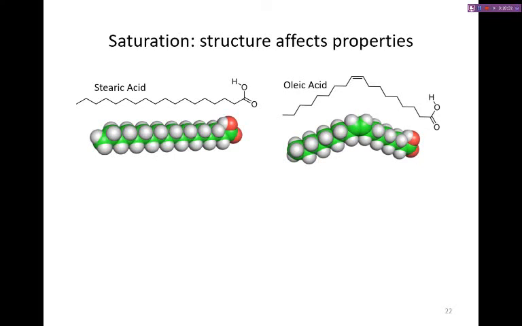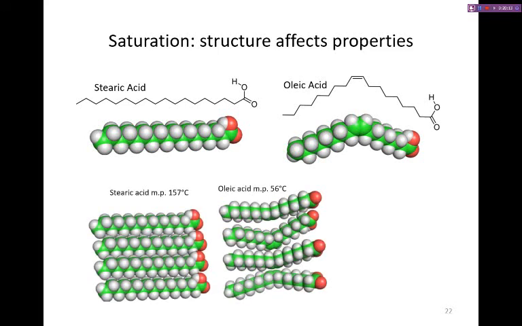So stearic acid is straight chained, whereas oleic acid has that kink in the chain due to the double bond. And what that does is it changes their properties, such as the melting points. So stearic acid, because it's able to form the straight chain, is going to have a higher melting point. It's going to have more interactions than the not straight chained oleic acid.